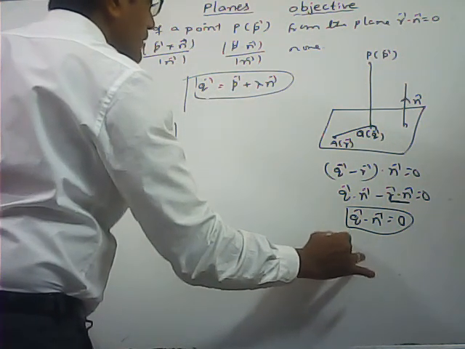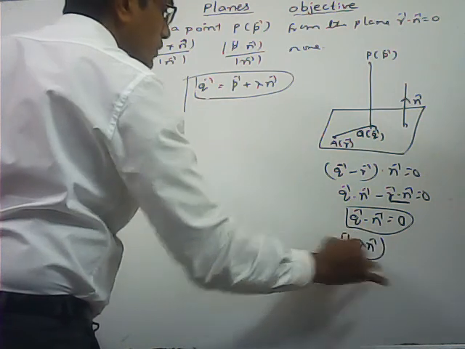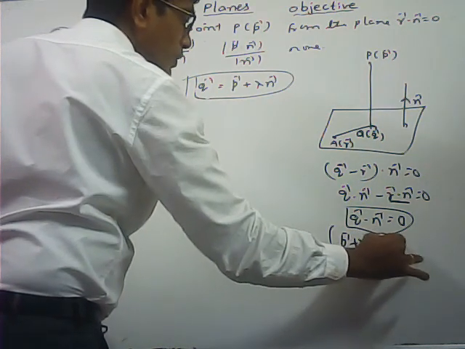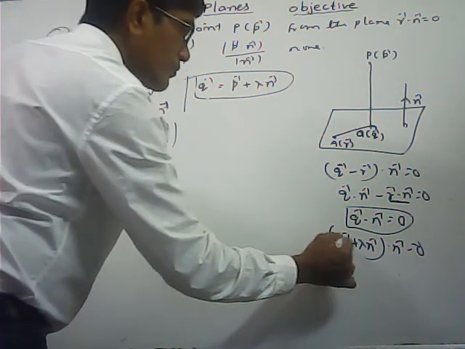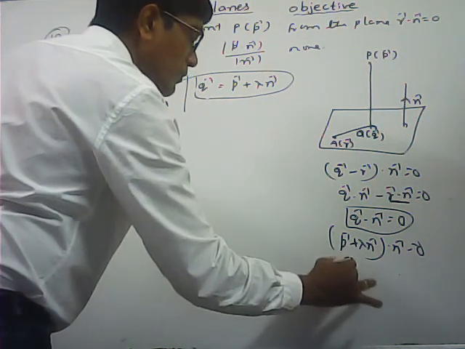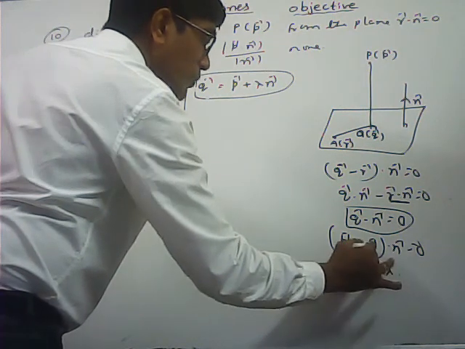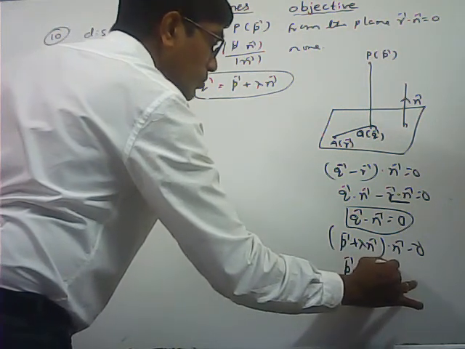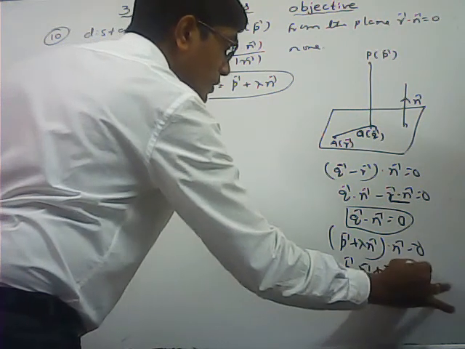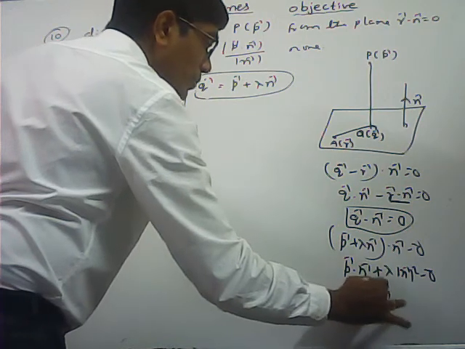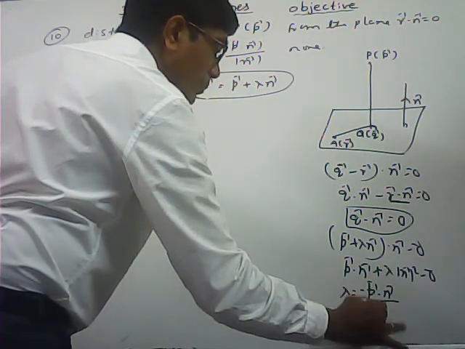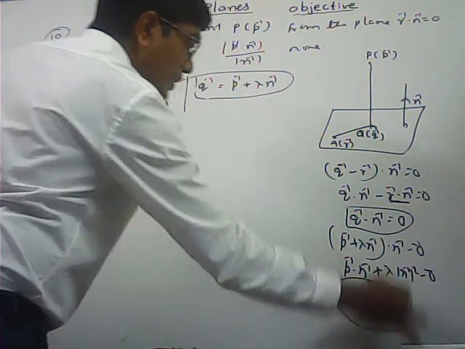P bar plus lambda N bar dot N bar is equal to 0. Here P bar dot N bar plus lambda into N bar dot N bar, modulus of N bar square, is equal to 0. So lambda is equal to minus P bar dot N bar by modulus of N bar square. This is the lambda value we got.